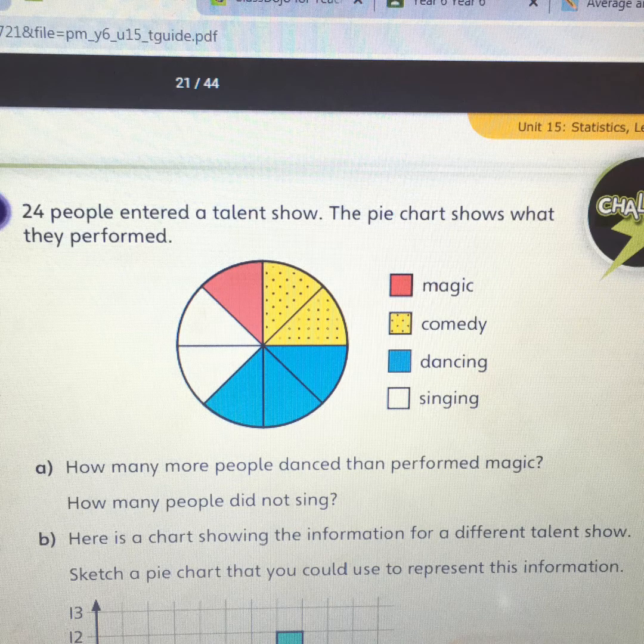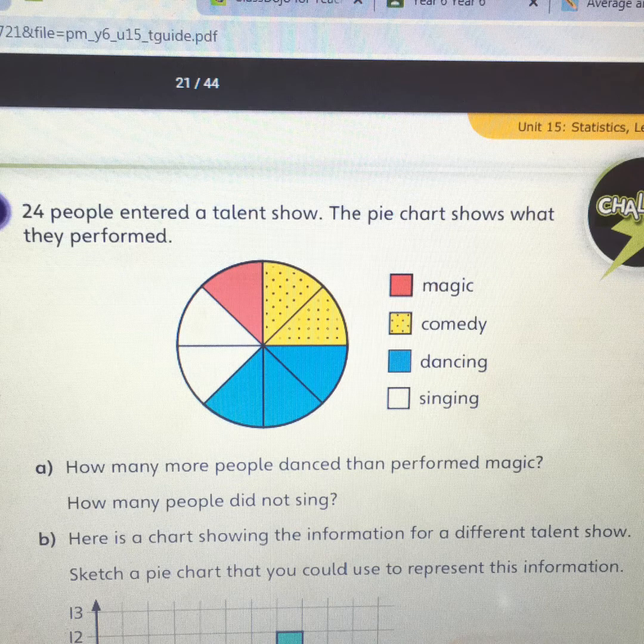But the question told me that 24 people had entered the talent show. So we could have split this pie chart into 24 segments. But what we'll find is, just like how they've now stopped writing the numbers on the pie chart, we also stop doing 1 segment per person and we start grouping segments together to make it easier, a little bit like when we simplify. It makes the numbers easier, and makes it visually easier to see.